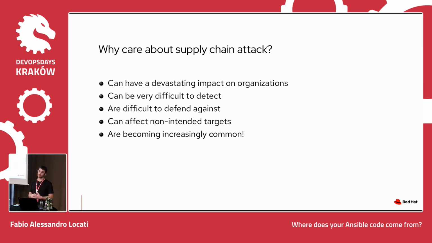And lately, they are becoming very common. We have seen, I would say in the last 5 years, at least 5 to 10 huge ones. And then obviously there have been a huge amount of smaller ones that we are not aware of, or that maybe even the targets are not yet aware of. So I think there are many reasons why they are becoming more common.